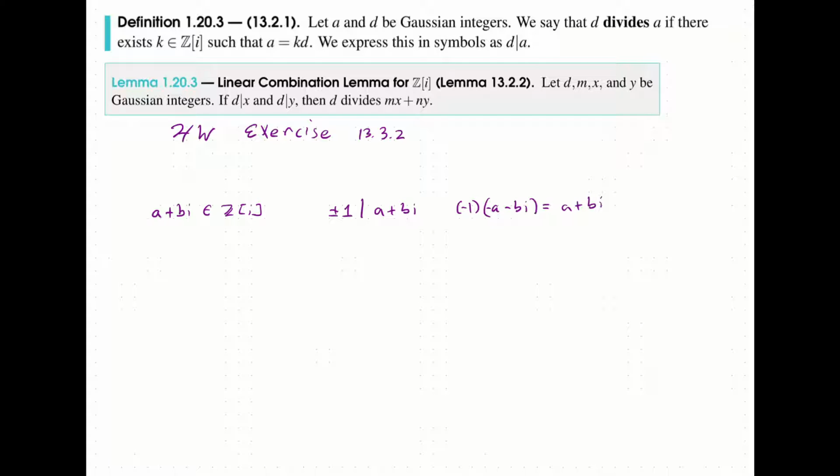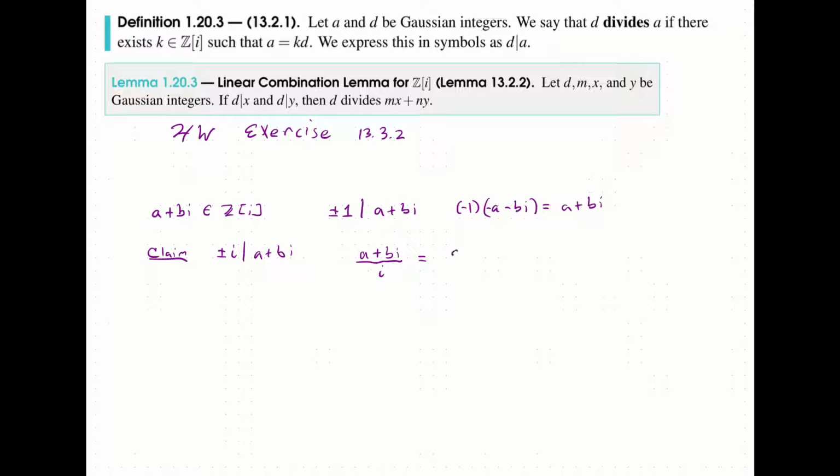But we also now have, by working over the Gaussian integers, that other things also always divide any Gaussian integer. So the claim is that plus or minus i divide a plus bi. And the way we want to go about showing this is, let's go through and do a plus bi over i and see what we get. Do we get back a Gaussian integer?